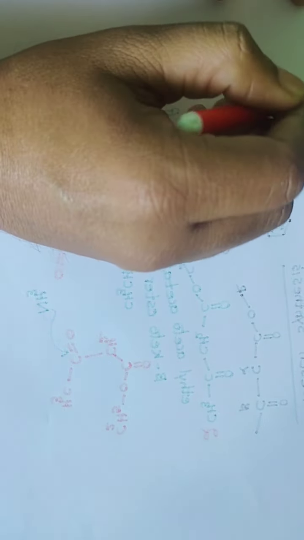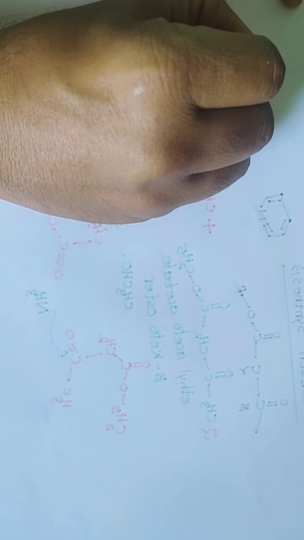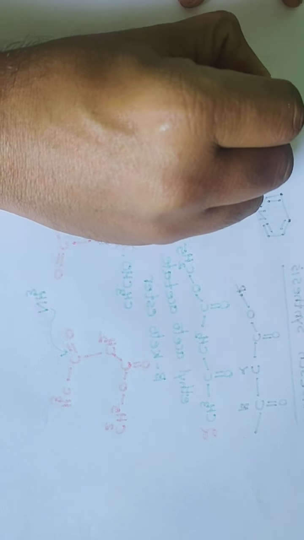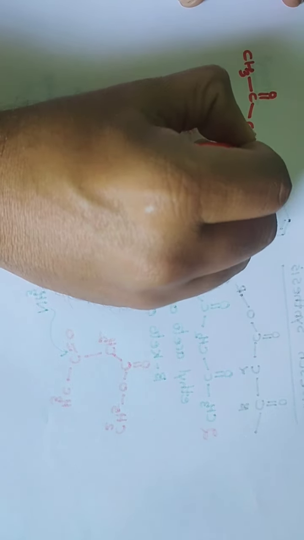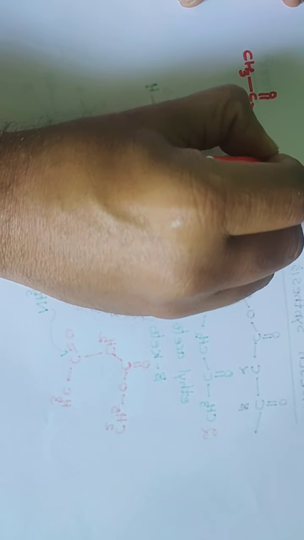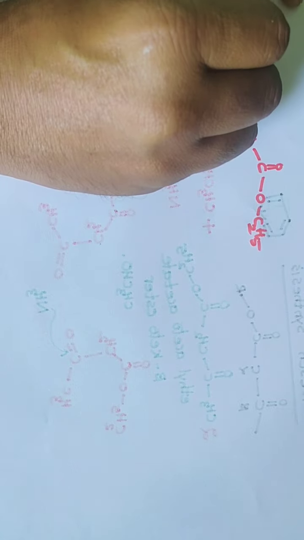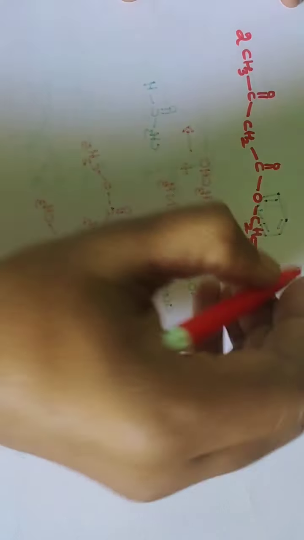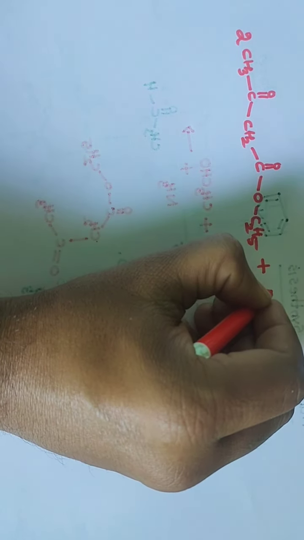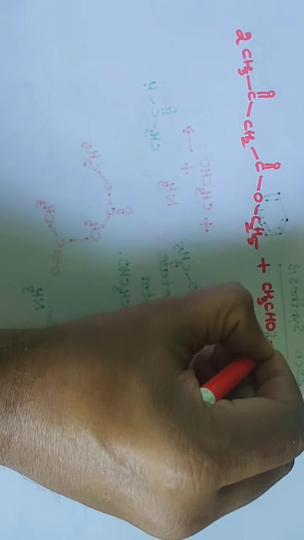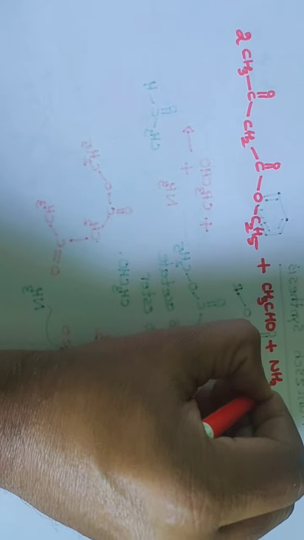So we are going to take two ethyl acetate molecules. You know what an ethyl acetate molecule is? Well, it is an ester, right? So it will be CH3, C double bond O, CH2, C double bond O, OC2H5. So two molecules of ethyl acetate, then one acetaldehyde molecule plus one ammonia molecule.